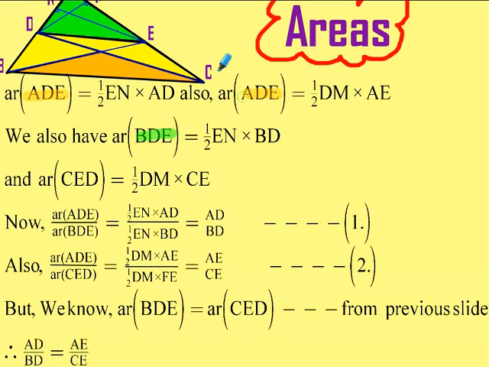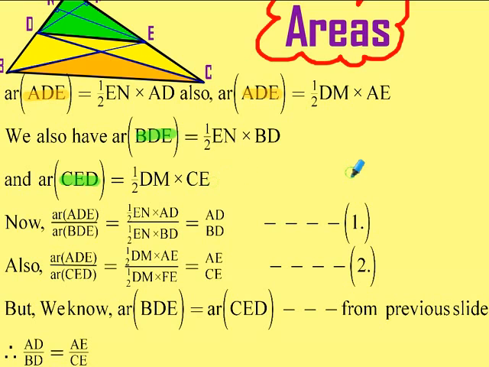Next, we consider CED. And how do we find the area of this triangle? Again, we have to consider its perpendicular, which is DM. So the area of CED will be half DM into CE.